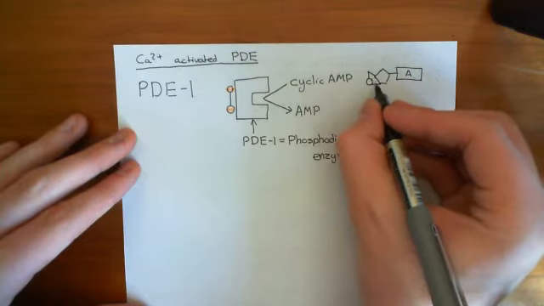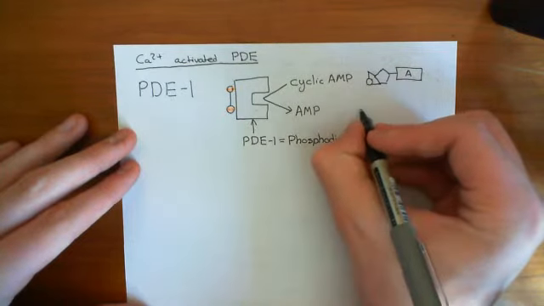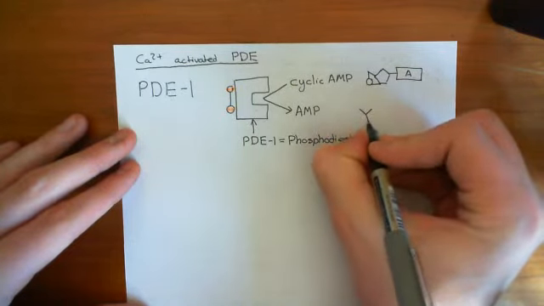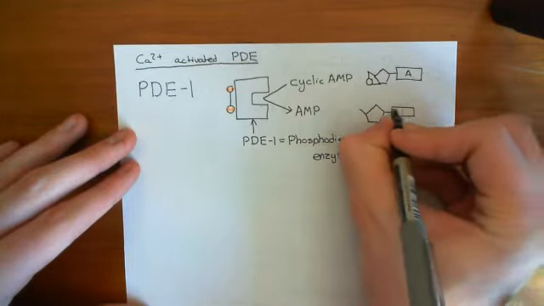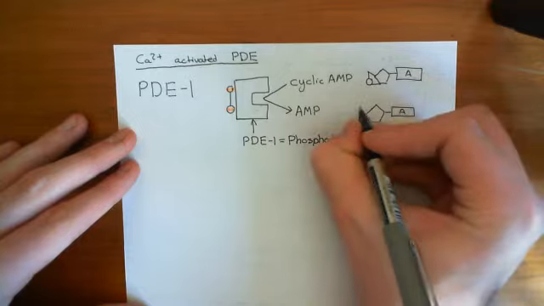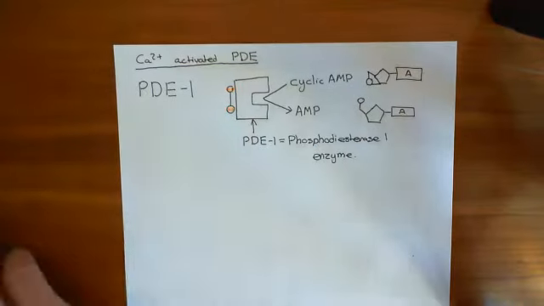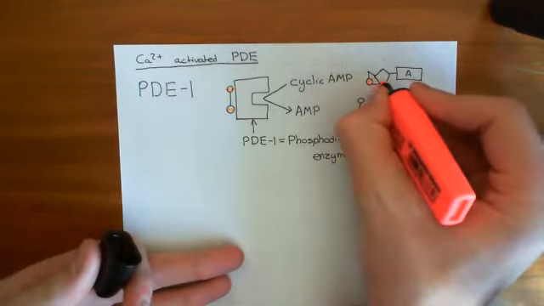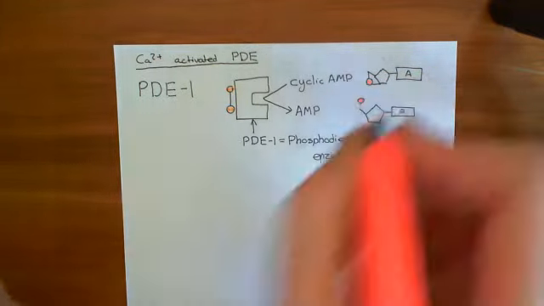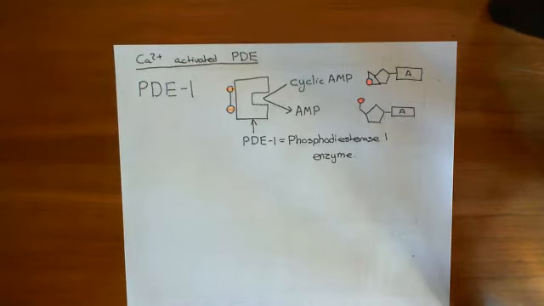And basically what you do is you break this bond here to get basically AMP, which is just ribose with its adenine, and then the phosphate group up here. So you break that link between the phosphate group and the third carbon of your ribose sugar to create adenosine monophosphate rather than cyclic adenosine monophosphate.